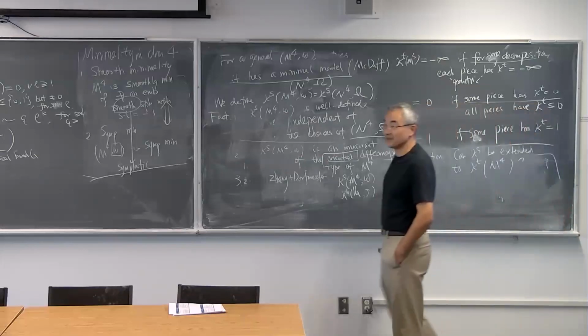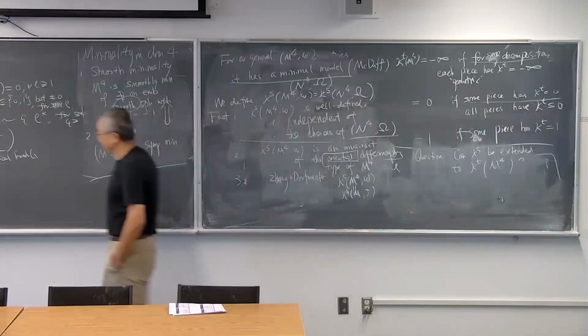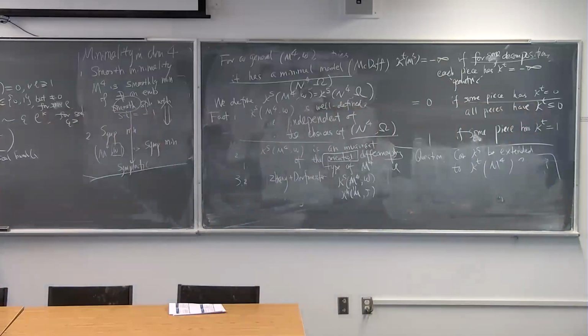I think it will be difficult. You can make some simple extension, like extending it to a virtually symplectic four manifold. It itself is not symplectic, but it has a finite cover which is symplectic, basically using the additivity with respect to fiber bundles.